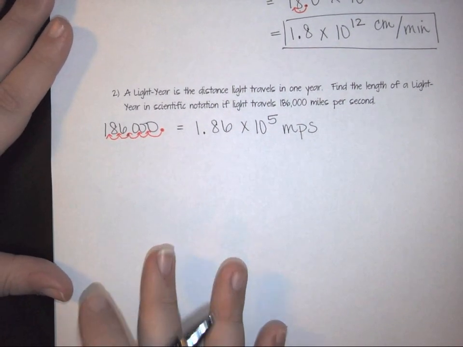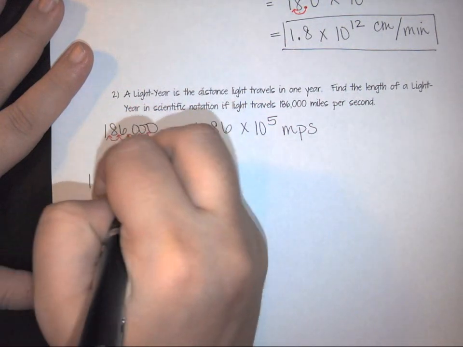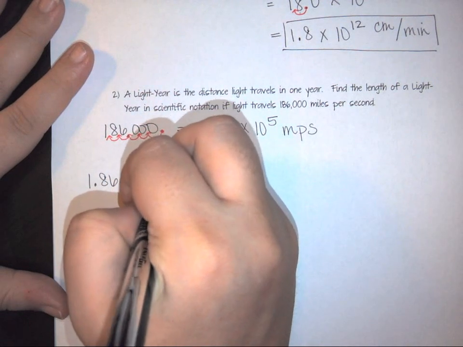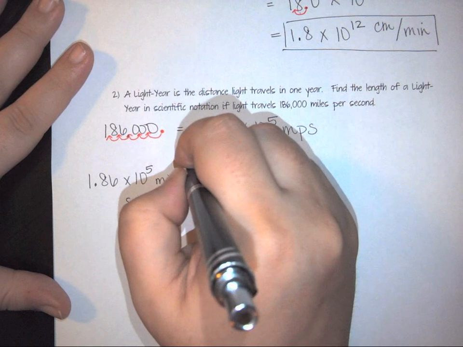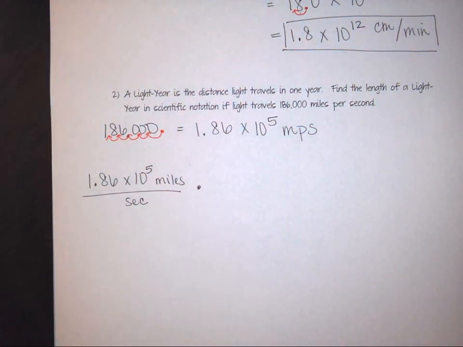Now, the first thing that we know is we're starting out with the 1.86 times 10 to the 5th miles per second, and we have to multiply that by something.